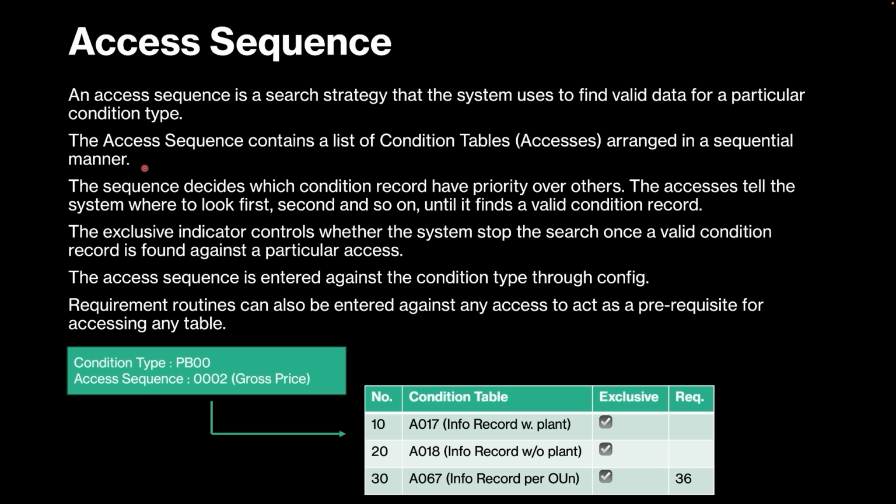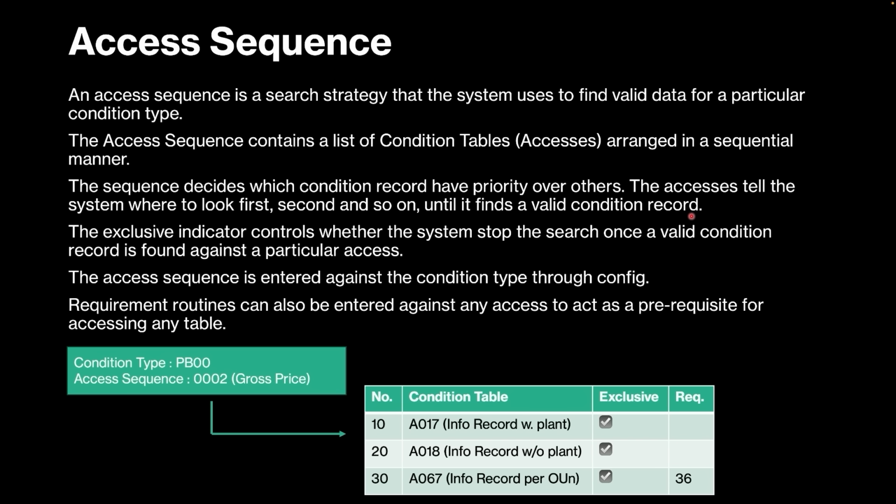That is, you will enter all these condition tables in a sequence, and the system will read those tables in that particular sequence only. So you can see the sequence decides which condition record has priority over others, and the accesses tell the system where to look first, second and so on until a valid condition record is found.